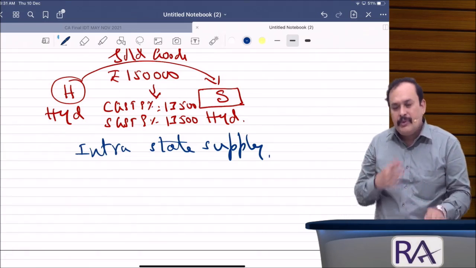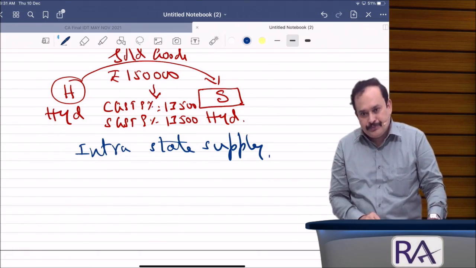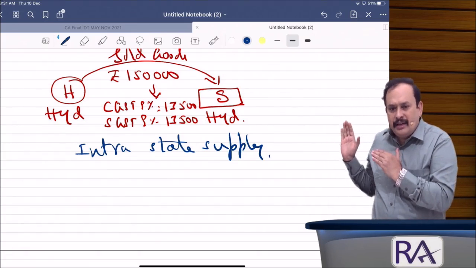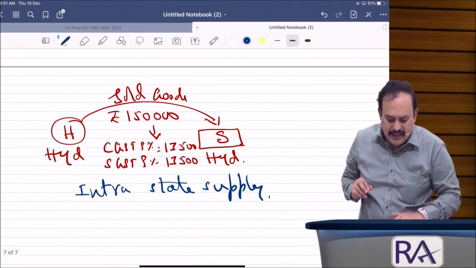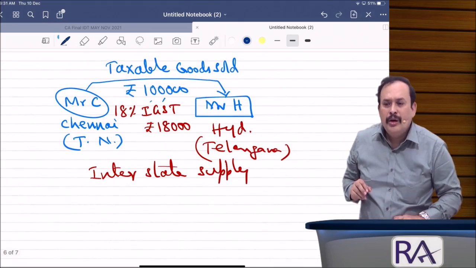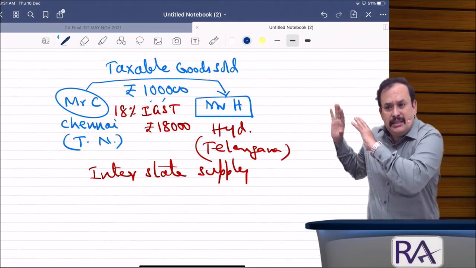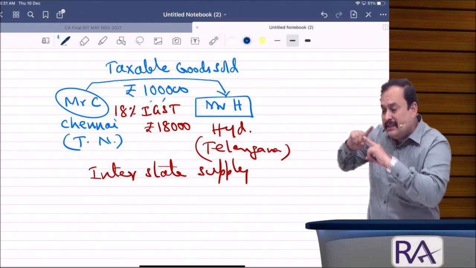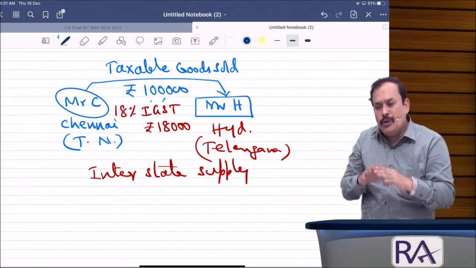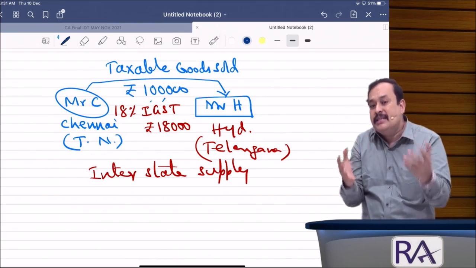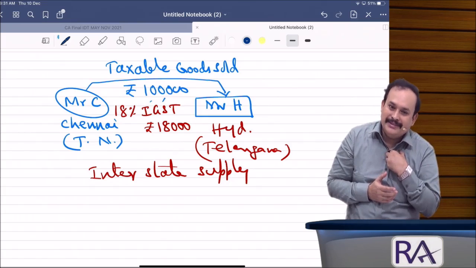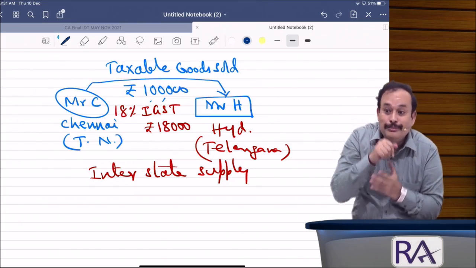Good. My doubt here is this. Here it is sale of goods. Here also sale of goods. In the interstate supply also, it is sale of goods. If so, why should it not be CGST, SGST? Why should it be IGST?